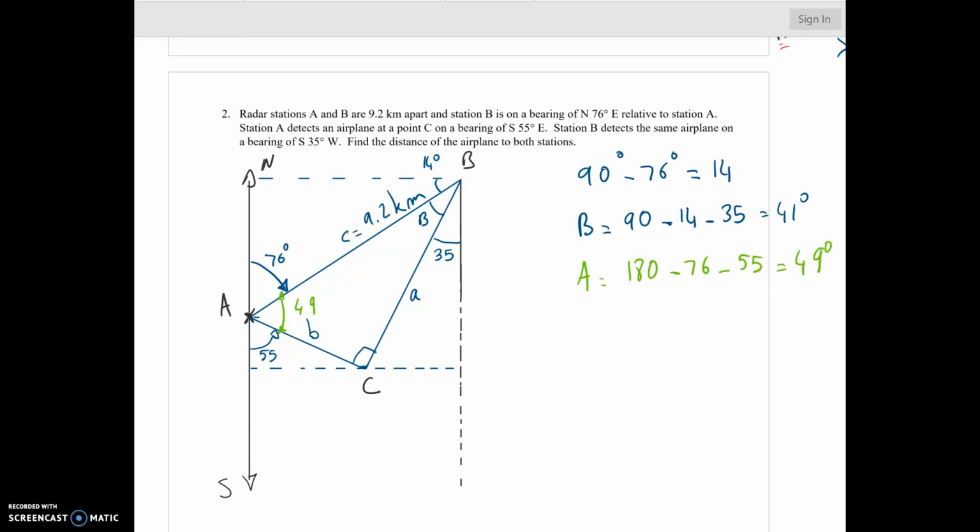At the end of the day, it's pretty easy to define the value of the angle C because it's going to be equal to 180 minus 41 degree minus 49 degree, and so the angle C is a right angle.